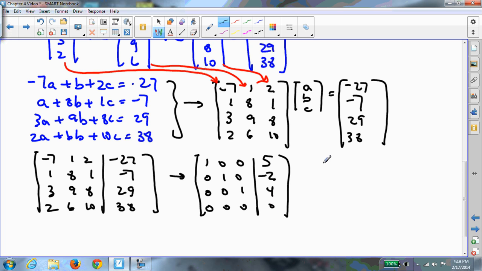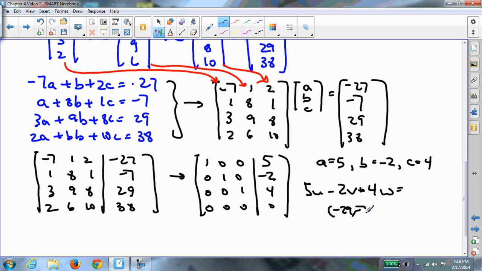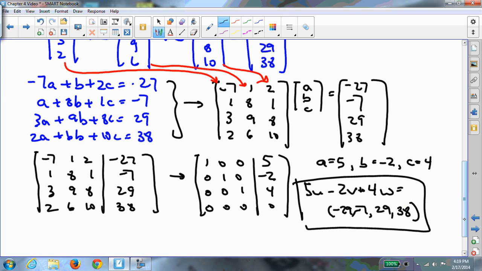Now going back to my solutions, that means a equals 5, b equals -2, and c equals 4. And so 5u minus 2v plus 4w is equal to the vector that I was interested in, which was (-29, -7, 29, 38). So that was part C.